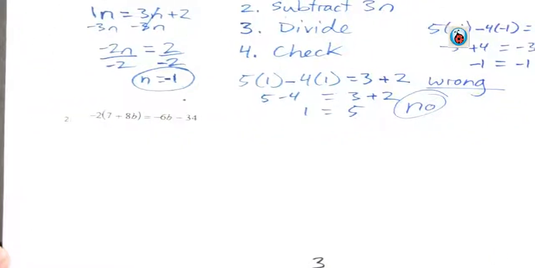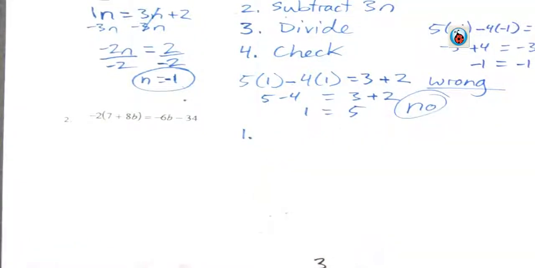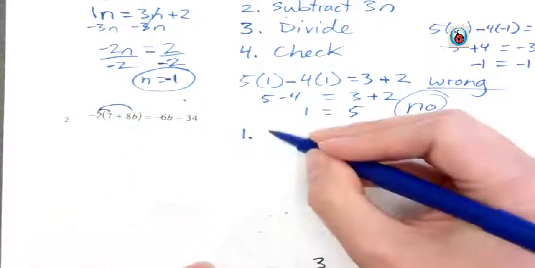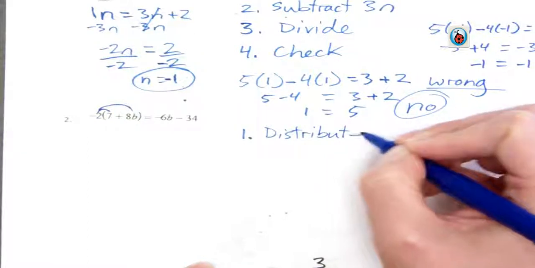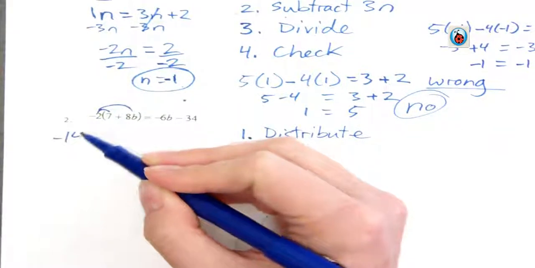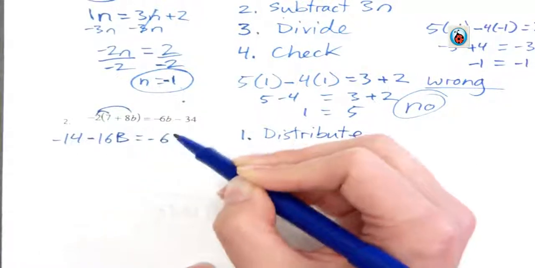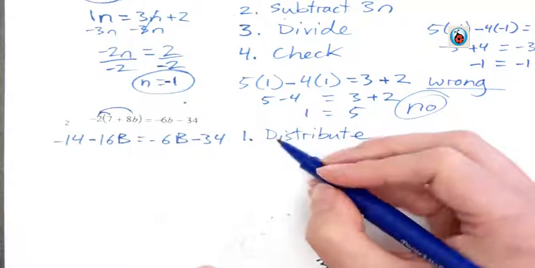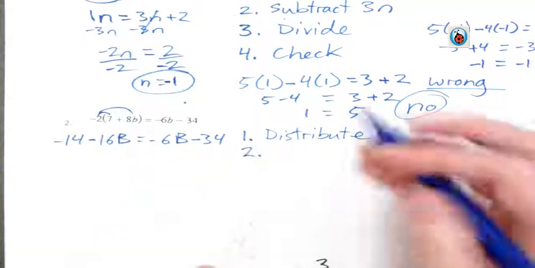Alright, our next one's a bit longer, so we're going to go ahead and write out our steps. So, first step, what do you think? If you said distribute, you were right. So distribute. Negative 14 minus 16b equals negative 6b minus 34. Next, I'm going to go ahead and move my letters to the left, numbers to the right.